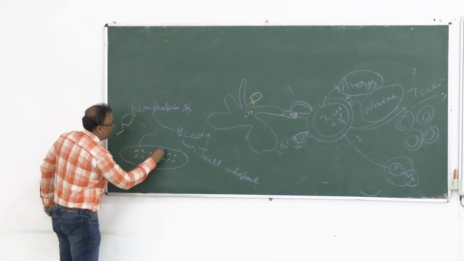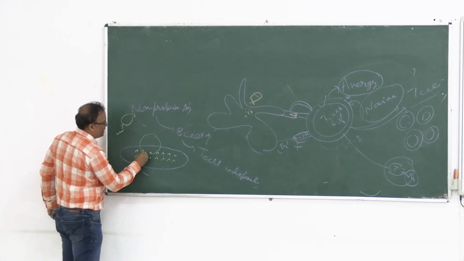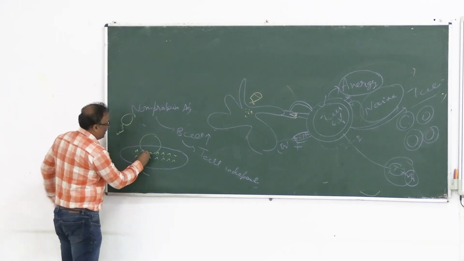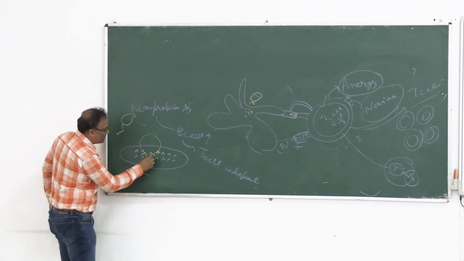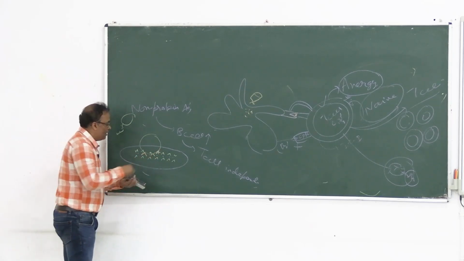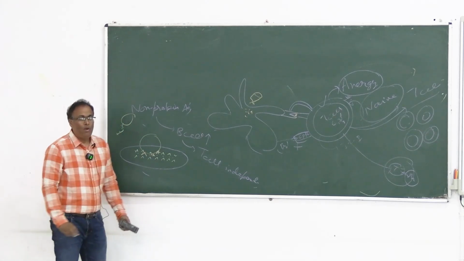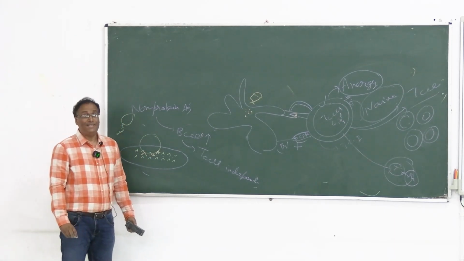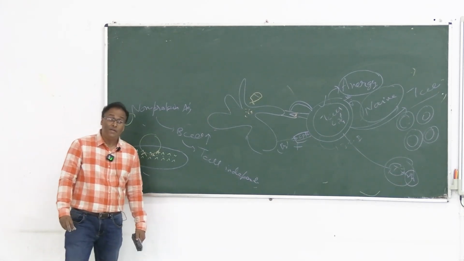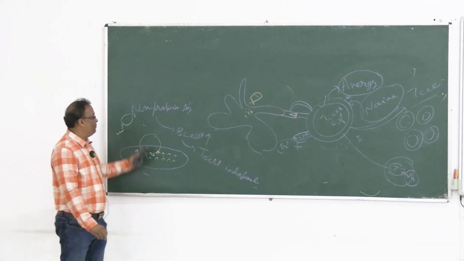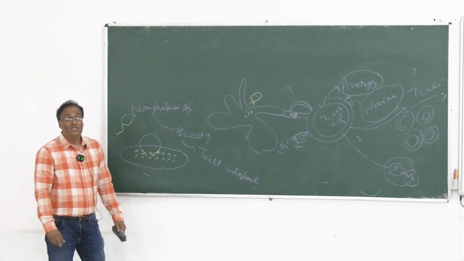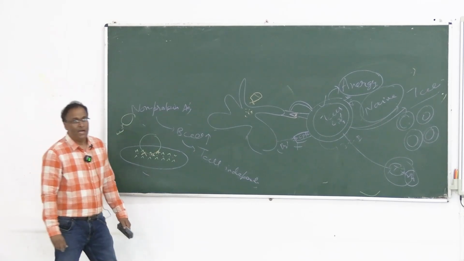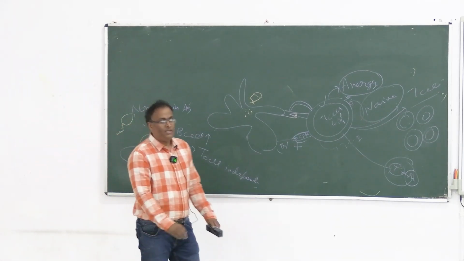Suppose this is the B cell, and these are your receptors, acknowledging this type of epitopes. Signal 1 is attachment of multiple repetitive epitopes with the B cell receptors, right? Number 2 signal is the toll-like receptor that you already know about.